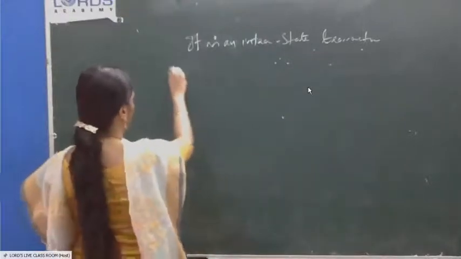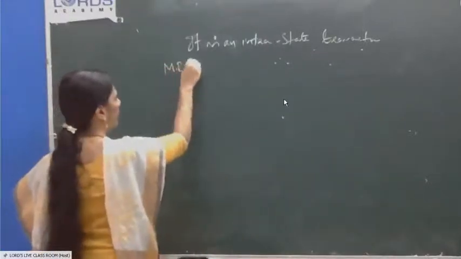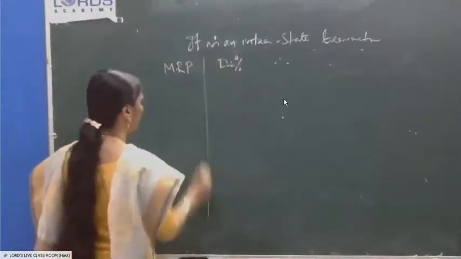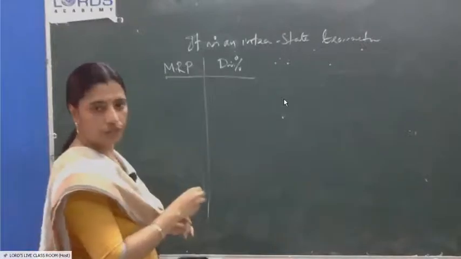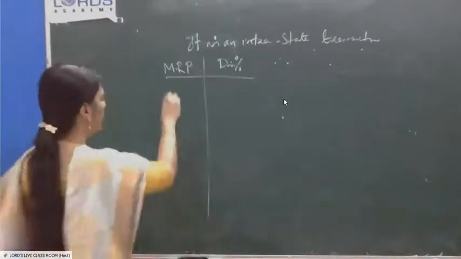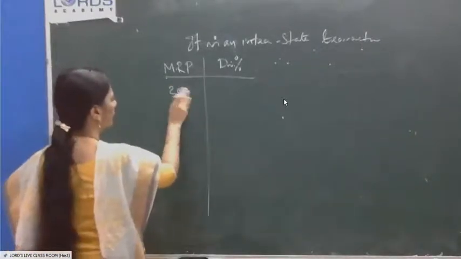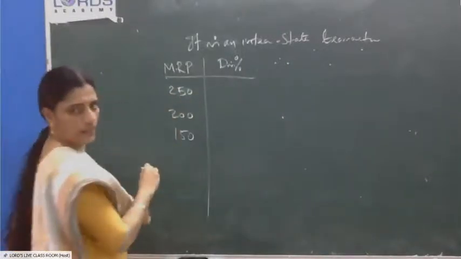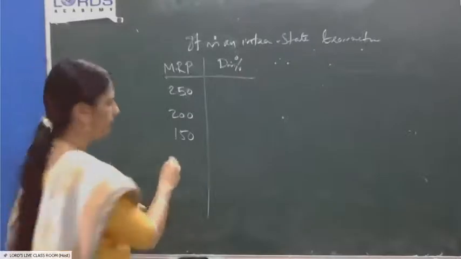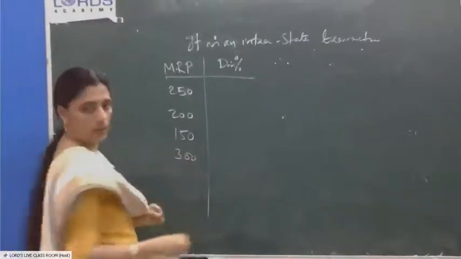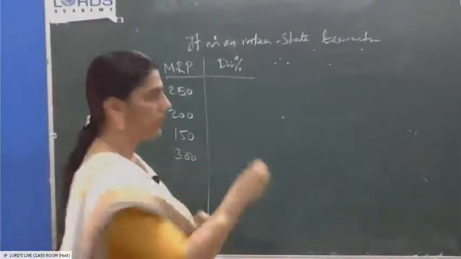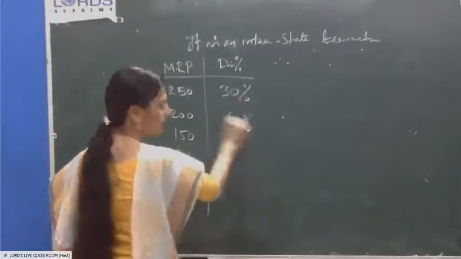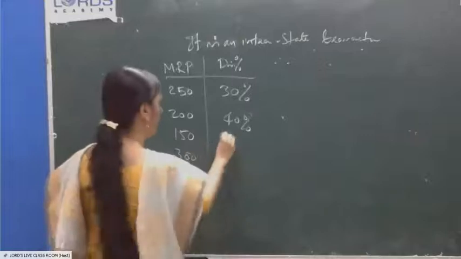It's an intrastate, MRP column, discount column, okay. That's what they have given: 250, 200, 150, 300. Discount percentage 30, 40, 32 and 20.